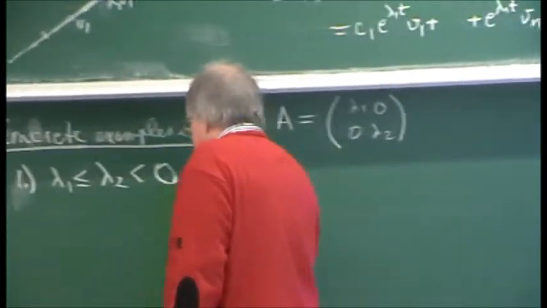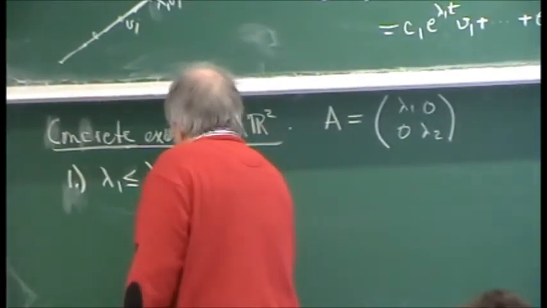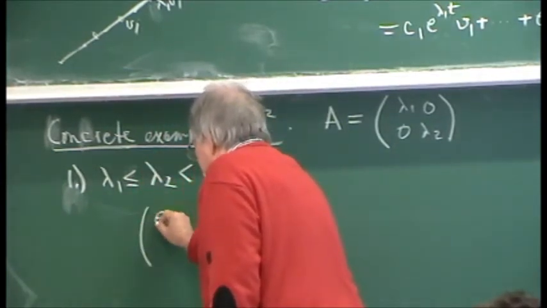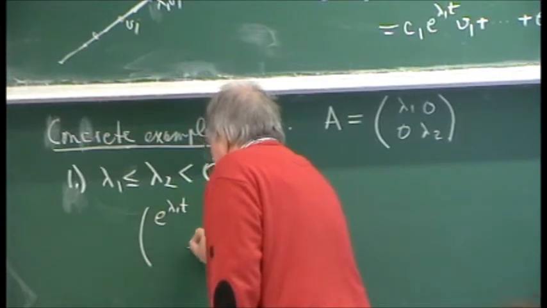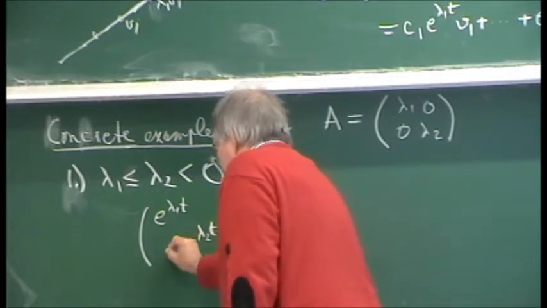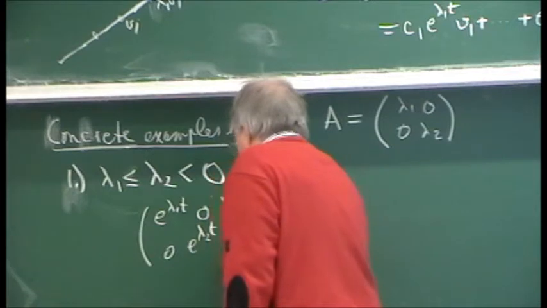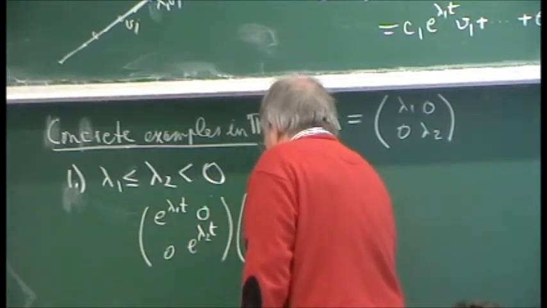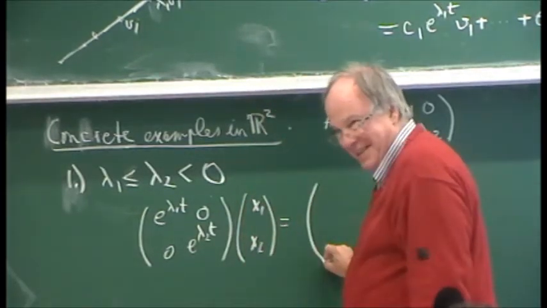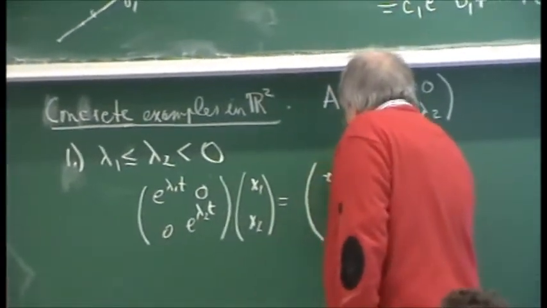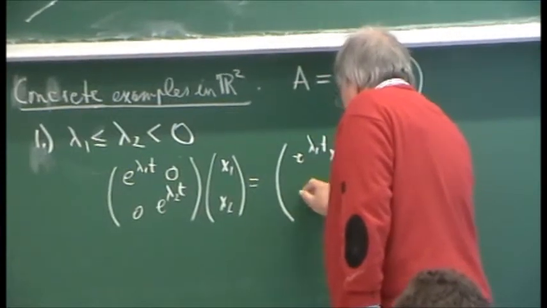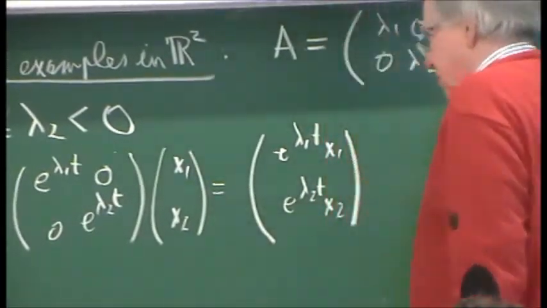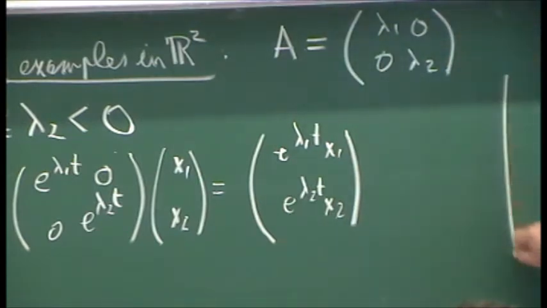So if you want, let's write down e to the lambda 1t, e to the lambda 2t. Just have some fun and write this in coordinates, x1, x2. It's not very hard to write this in coordinates. E to the lambda 1t, x1, e to the lambda 2t, x2. And then the next thing you do is you graph this thing.